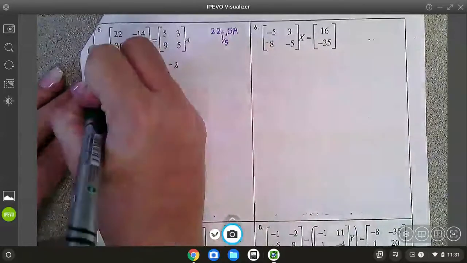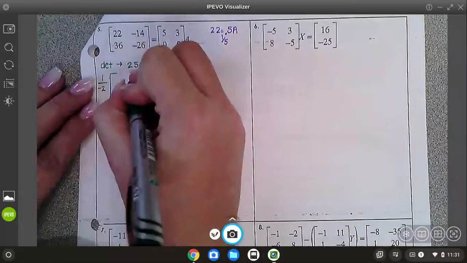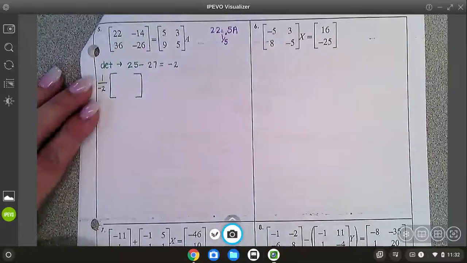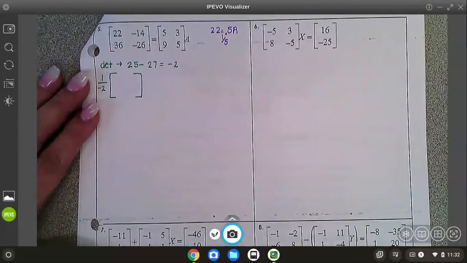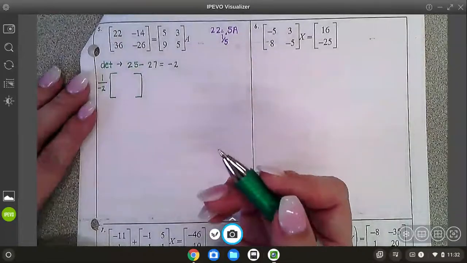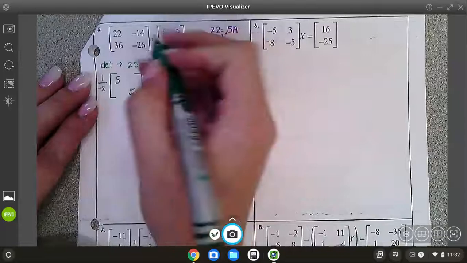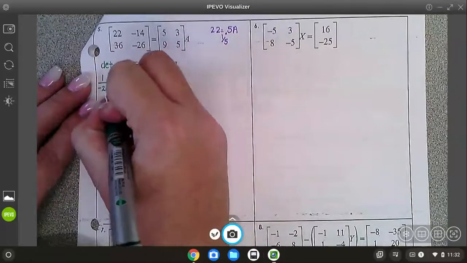So then for our inverse, we have 1 over -2. Now the 5s, those would switch places, but they're both 5, so it doesn't do anything. The 3 and the 9, they switch signs.